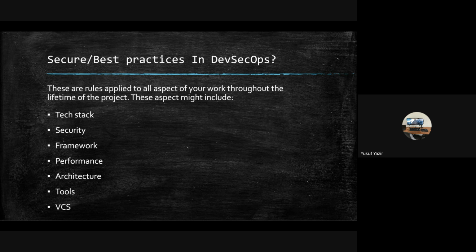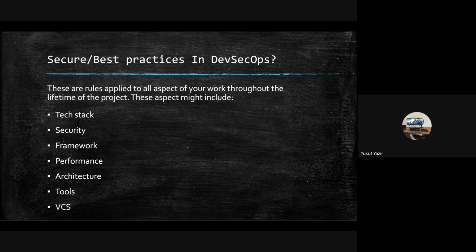The architecture, probably you're using something behind it, a Linux machine or a Windows machine. You have to consider this as well, and also the tools you will be using for this project. You have to make sure everything is well prepared.